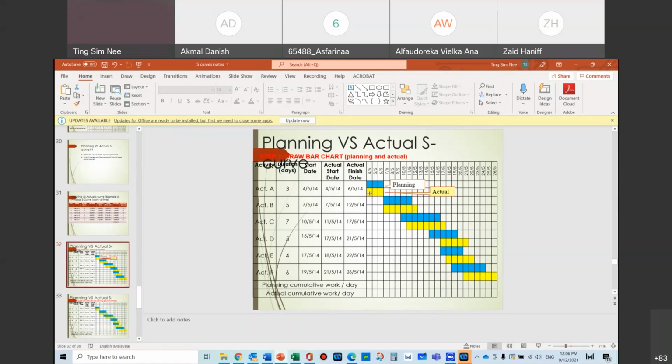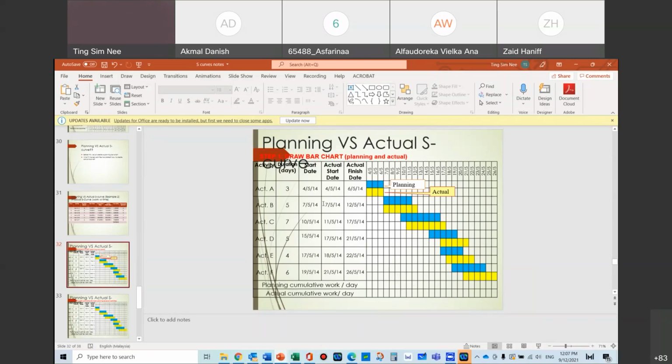So you have to go back to your tracking done and get this, and then redraw your EV in that sense for physical. If this is a financial one, the actual EV one, then if I cut it off at 10/5, I will need to take the amount of work that is done here and multiply it with the cost, and then I will get my BCWP, my EV.